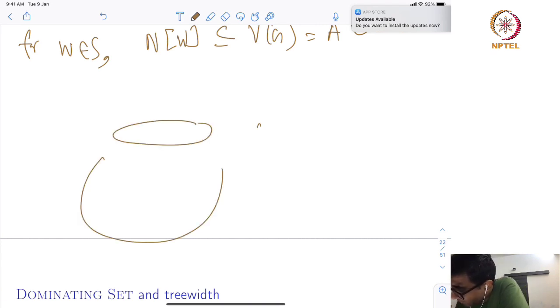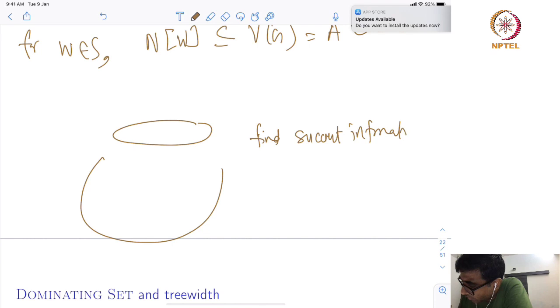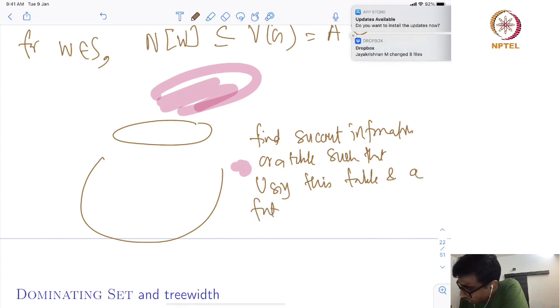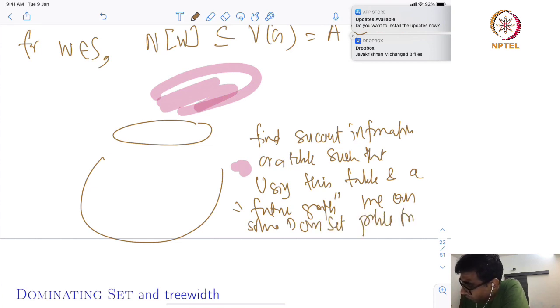So we need to find succinct information, or a table, such that using this table and a future graph, we can solve the dominating set problem for the whole graph, right?